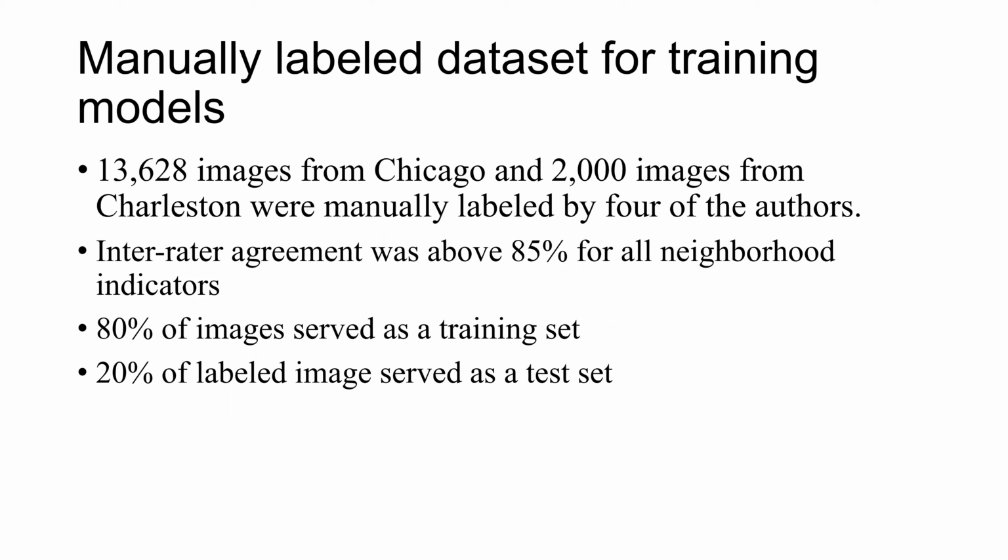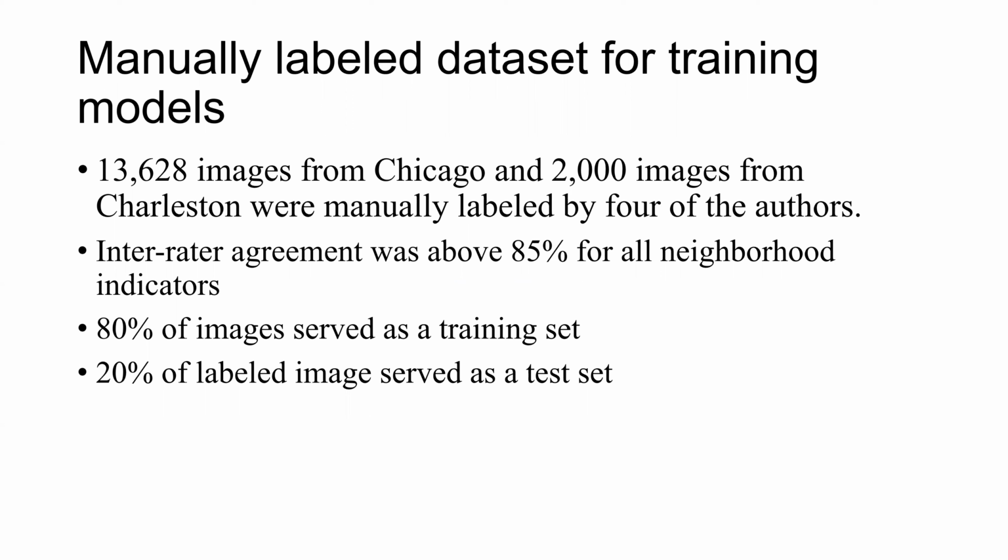As some of you know, when you're doing supervised machine learning, you have to provide the models with training data. This is so that it can learn how a human would label the data. We labeled in total about 15,000 images manually by 4 labelers. Initially we started out with about 13,000 plus images from Chicago.